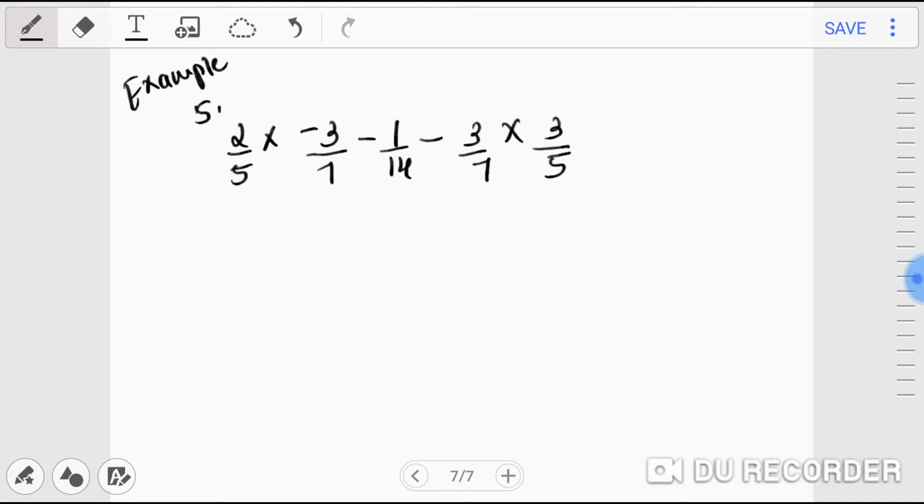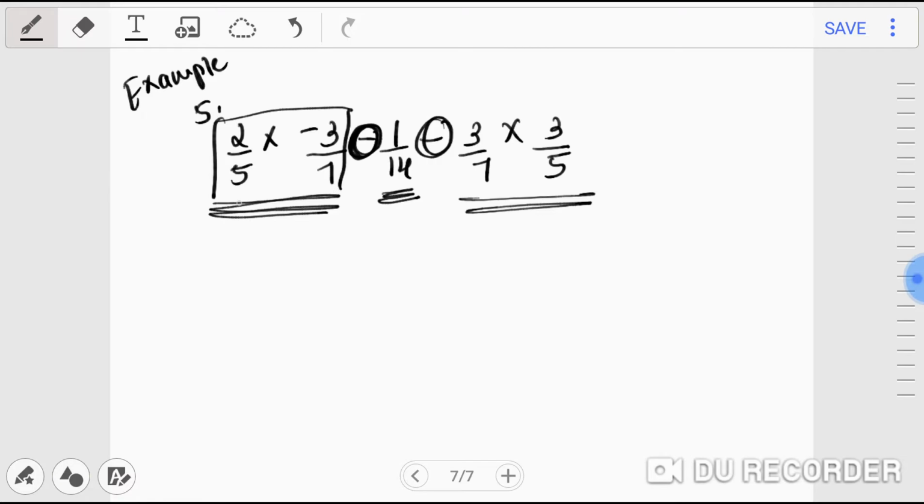My dear kids, you know very well that in an expression, what divides the terms is plus and minus. So here there is multiplication, here there is minus, so this is your first term. Again here there is minus, so this is your second term and this is your third term. Getting my point clear? So if you can notice, this is my first term, this is my second term and this is my third term.